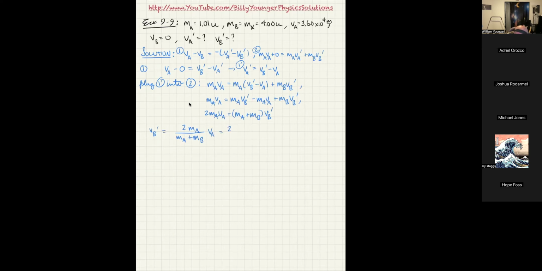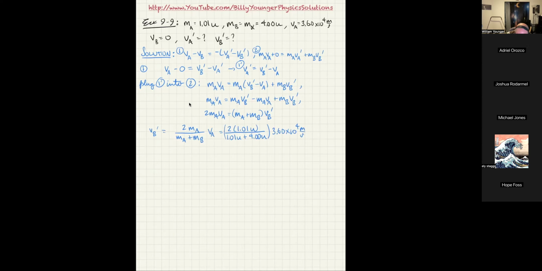This is 2 times 1.01 u over 1.01 u plus 4.00 u. And then, of course, VA is 3.60 times 10 to the fourth meters per second.